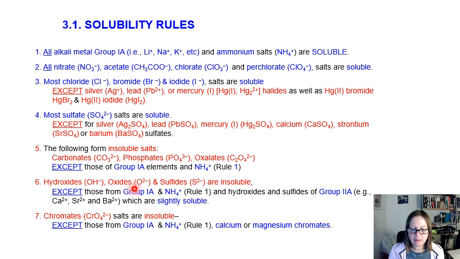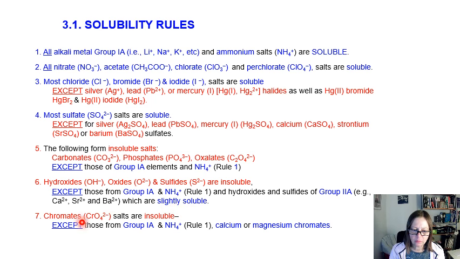Hydroxides, oxides, sulfides are also insoluble, except again those from group 1A and ammonium salts, rule number 1, and hydroxides and sulfides of group 2A, calcium, strontium, barium, which are a little bit soluble.